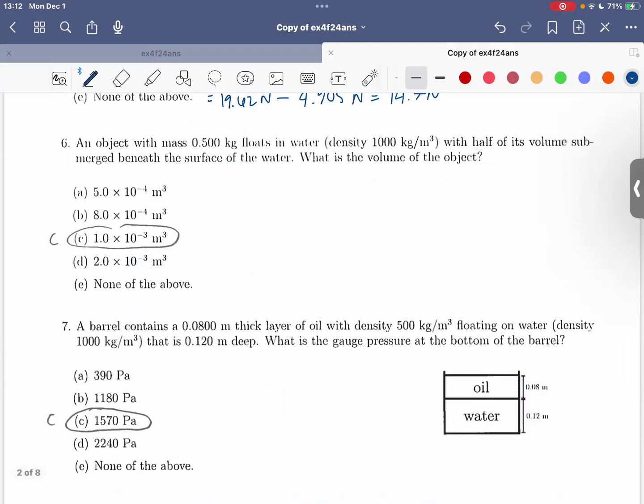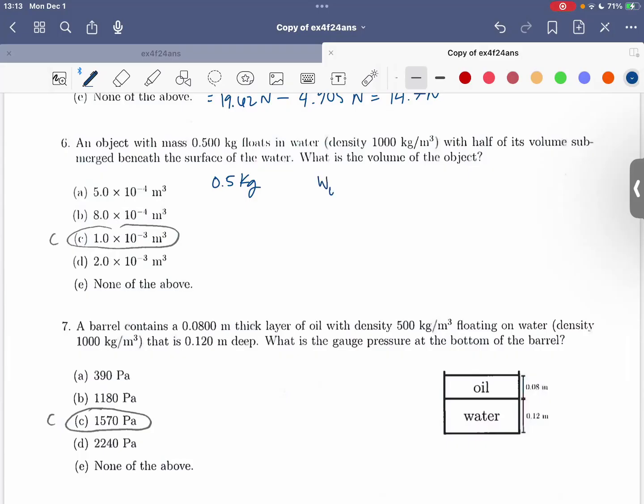So number 6 is also an Archimedes principle question. We're told that the object has mass 0.5 kg, and it floats in water with half of its volume submerged beneath the surface of the water. So that means that the weight of this object is equal to the buoyant force, right?